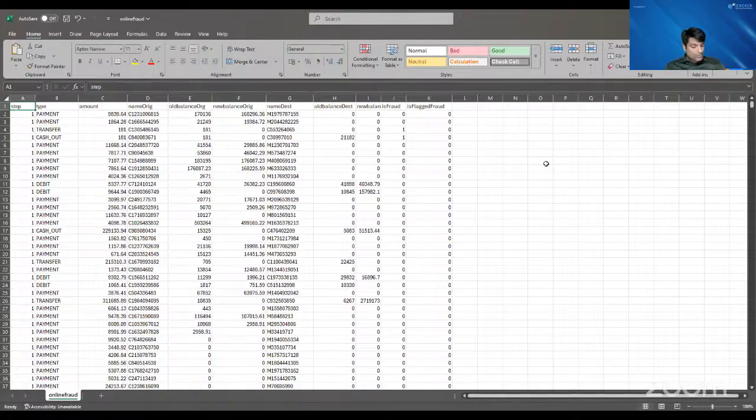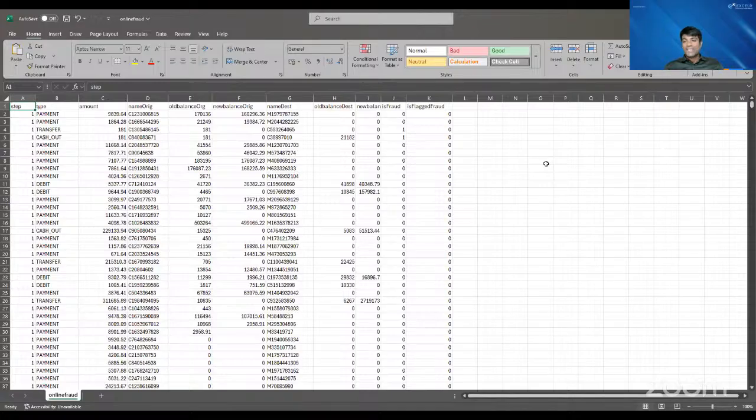Now, if you see carefully, the first part is the step. The step includes the amount of time taken, or I can say the initial step of making a particular transfer. For example, you might be using a debit card, paying through a cash out, or paying through a UPI transaction.